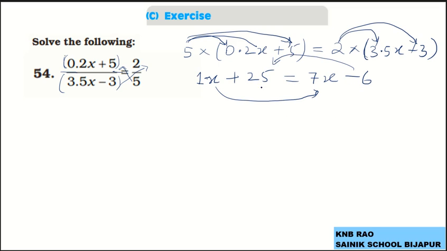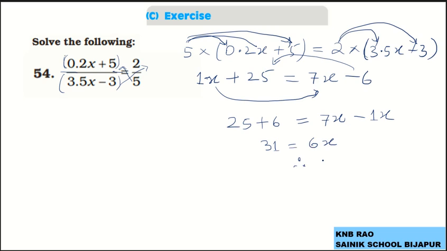So minus 6 goes to the left hand side, becoming plus 6, and 1x goes to the right hand side, becoming subtrahend. So 25 plus 6 is 31 equals 7x minus 1x, which is 6x.